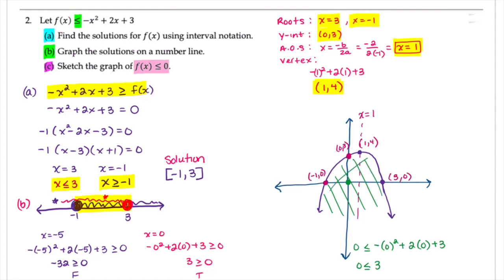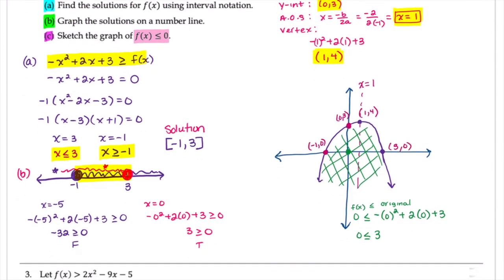If it would have come out false, then we would have been shading away from that point. So all points outside of that parabola. And this was my f of x, and this was my original function piece. So I input the value of 0 for x and 0 for f of x or y.